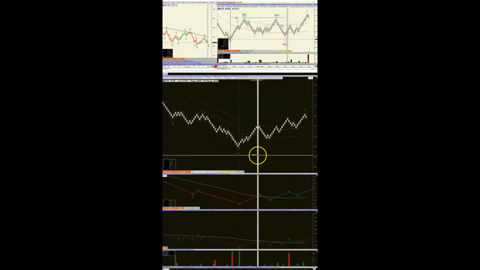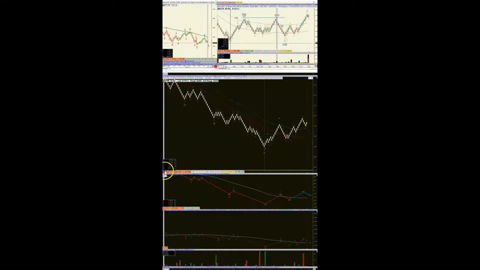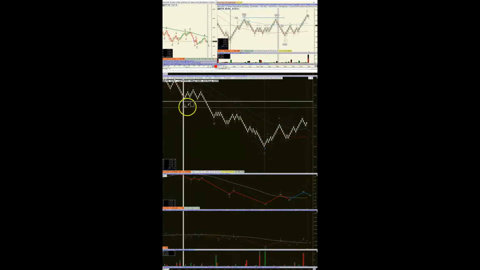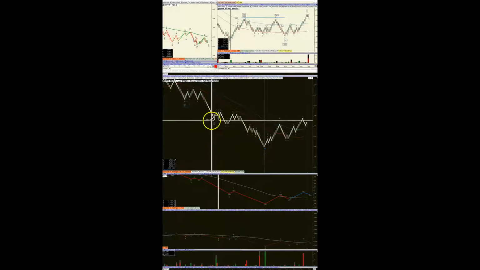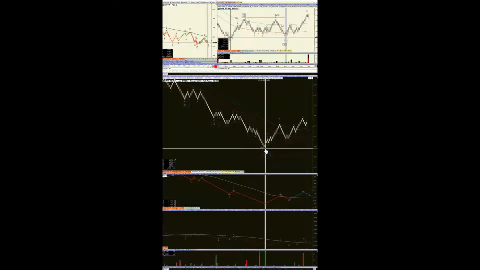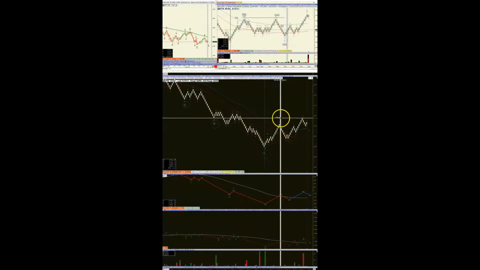So, as over here, you want to ask yourself, okay, there's high price volume down, right? This is selling pressure. This is selling pressure. This is selling pressure. That puts the market in a spot where the buyers are interested, and that's why you get these prints on the upside.